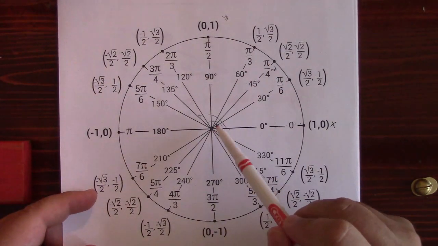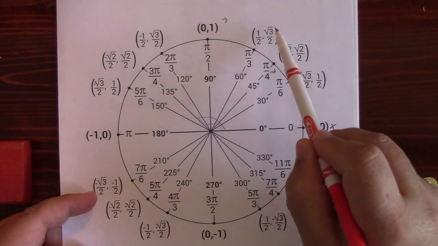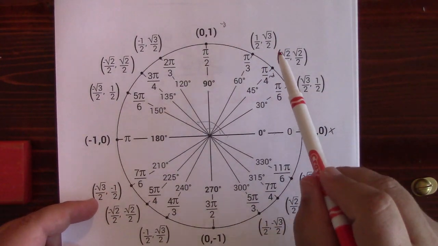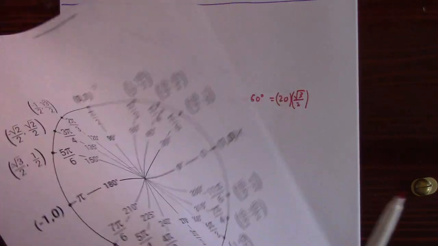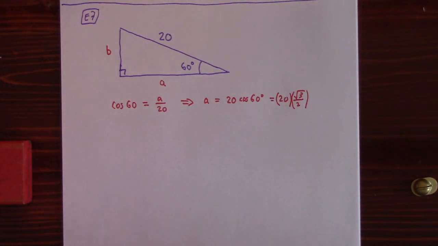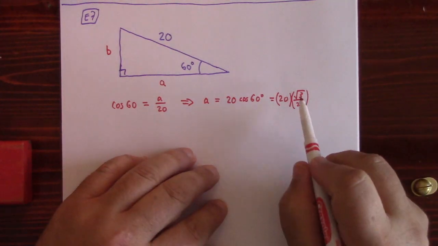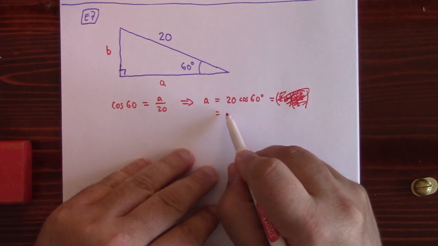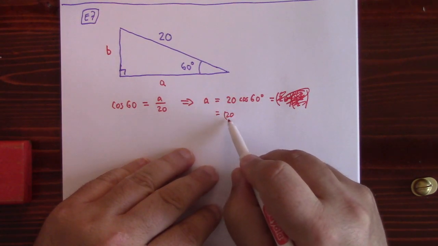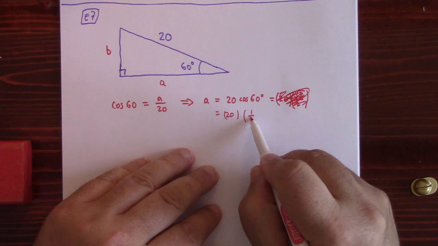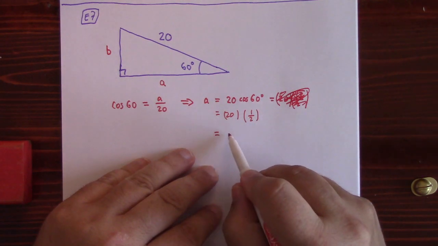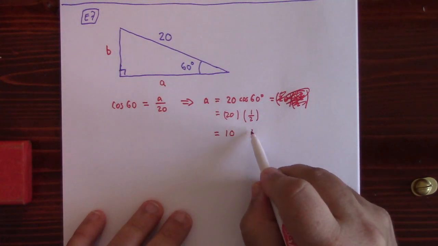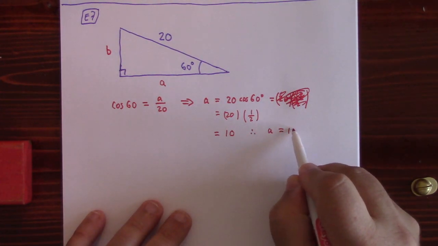Pi over 3 is 60 degrees, right? Oh, I can't do math. Look at that, I made a mistake. It wasn't the square root of 3 over 2, it's cosine of 60 that's 1/2. So that's 20 times 1/2. So 10. A equals 10.